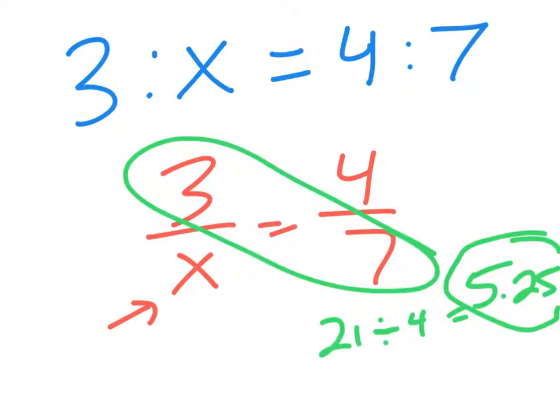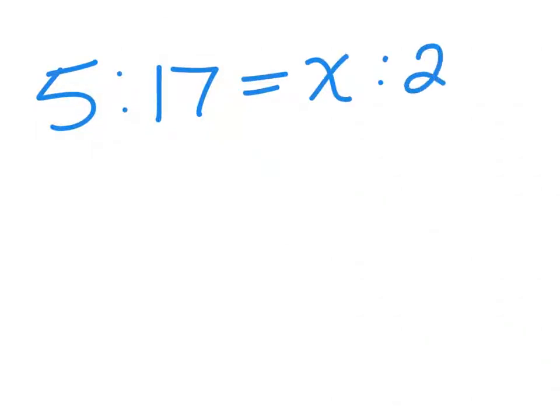Doing one more of these to show you guys this will work every single time, and this will help us as we get into our next section. If we have, let's say, the proportion 5 is to 17 as x is to 20.